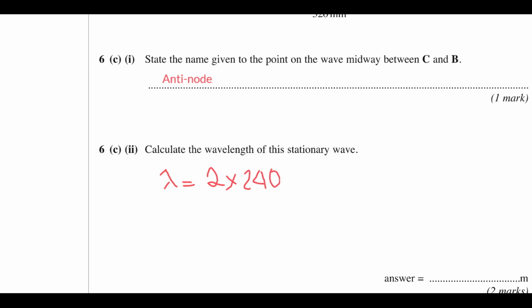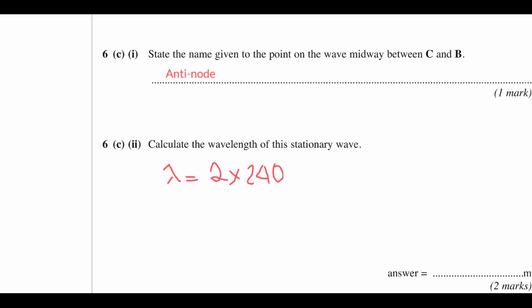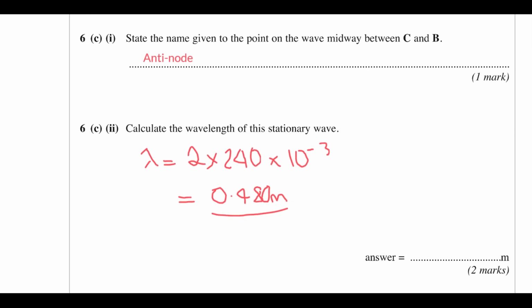What unit does it want it in? It wants it in meters, so times 10 to the minus 3, and that comes out as 0.48 meters. 2 sig figs would not be appropriate here; 3 would be, because it's 240. Okay, so that's that one.